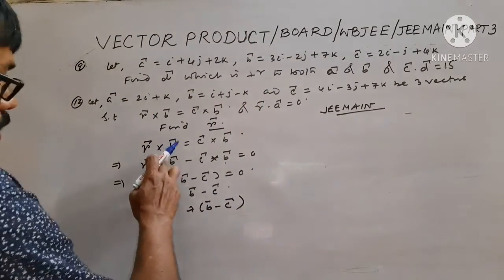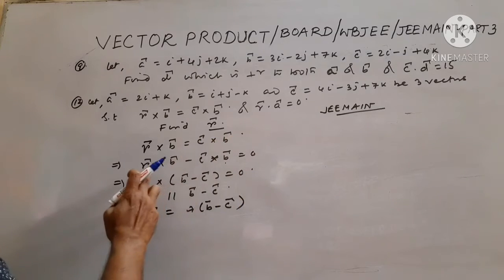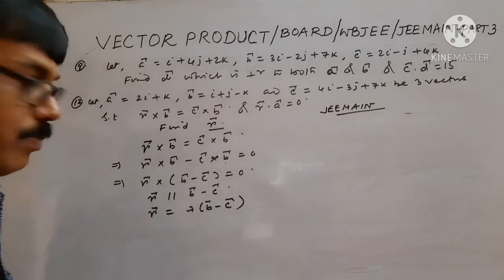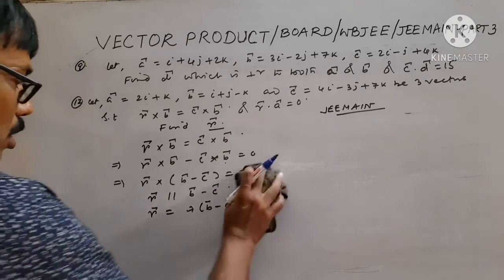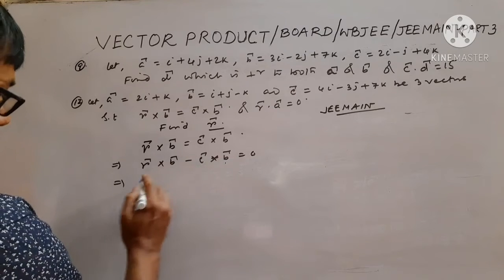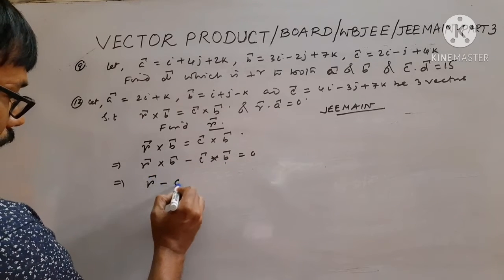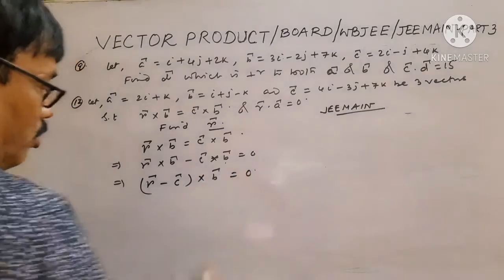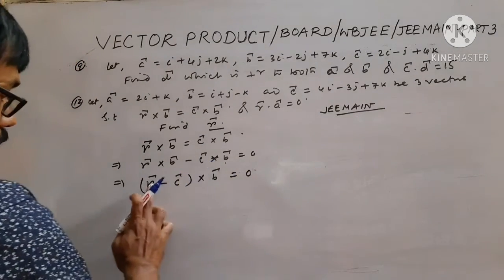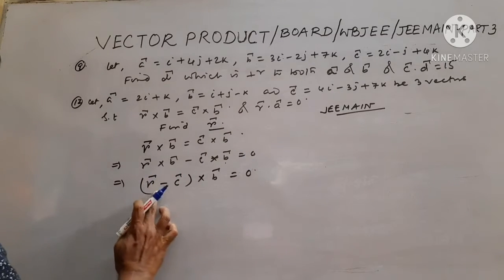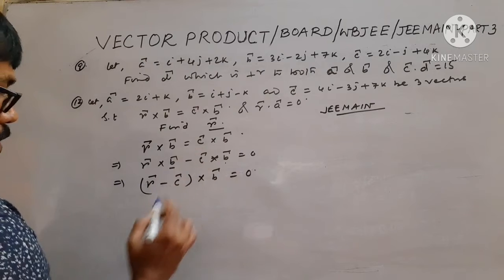Look, r cross B equals C cross B. r cross B minus C cross B equals 0. Now, look, this is B, this is B. So, this will be r minus C cross B equals 0.